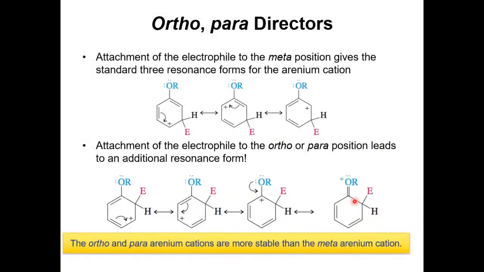Okay, so that's why, because of this additional resonance form, the OP sigma complexes are much more stable than the meta sigma complex, much more. Okay, so if you have a lone pair bearing substituent, if you let that aromatic compound undergo EAS reaction, you get almost exclusively OP product. The meta product is usually less than 1%, usually.